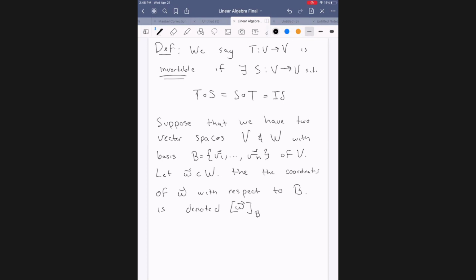So that just means that this is the coordinates of W with respect to the basis B.